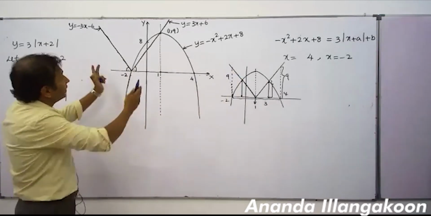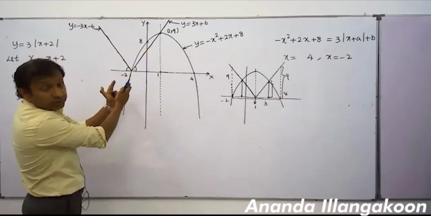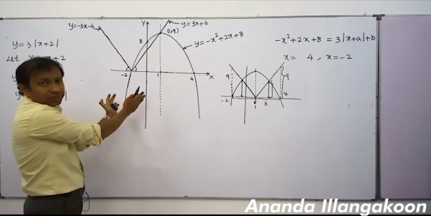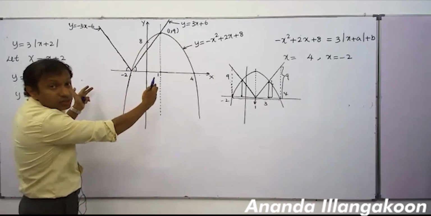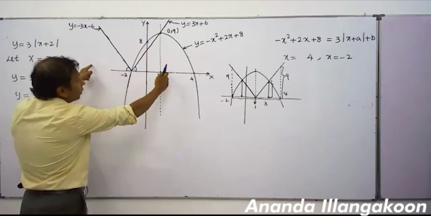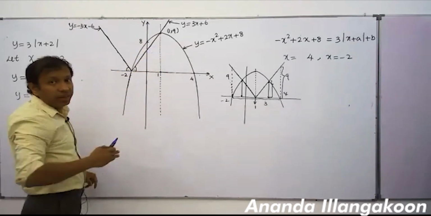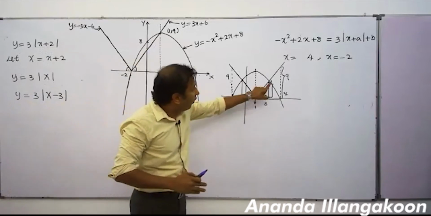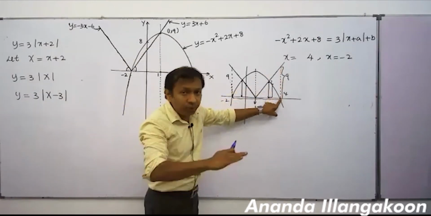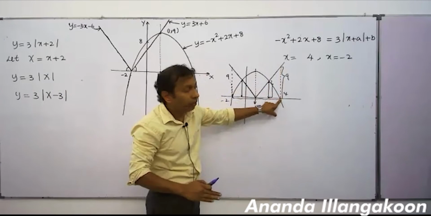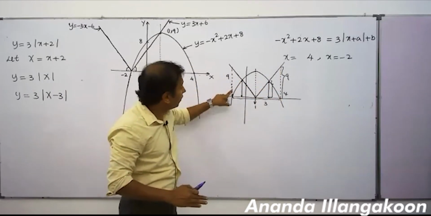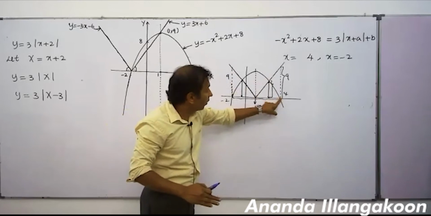Why? These two V-shaped parts, people, are equally inclined to the right and left of the x-axis. That is why we say at equal distance from this vertex to the left and right, they have the same heights. Then, people, you can very easily understand, when I bring this point 9 units down, automatically this point also comes 9 units down, and both branches will be passing through these points.